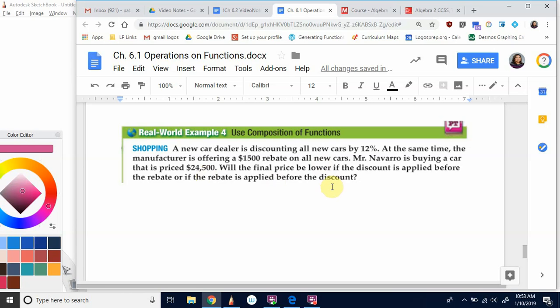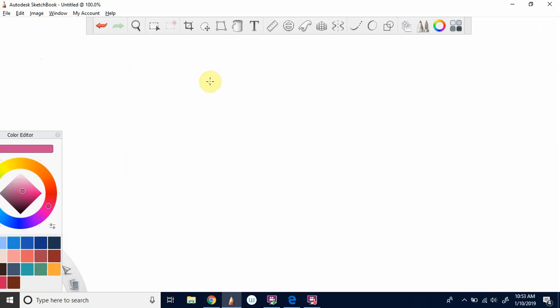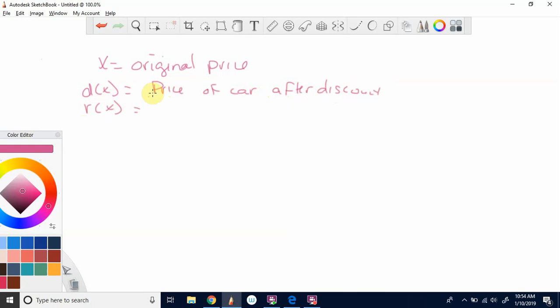So first we have to set up our problem. We're going to let x be the original price. Then we're going to say D of x, which is just y, fancy words, is going to be the price of the car after the discount. And then we're going to let R of x be the price of the car after the rebate.